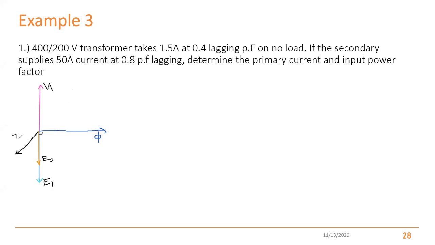Therefore, let's say this is I2, and suppose this is phi 2. So that is the I2 dash phasor.